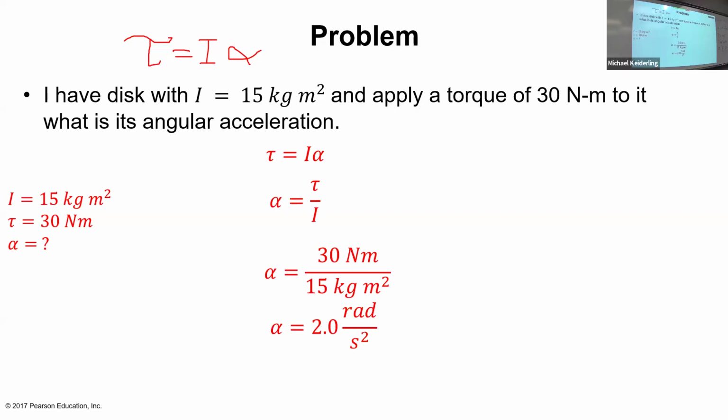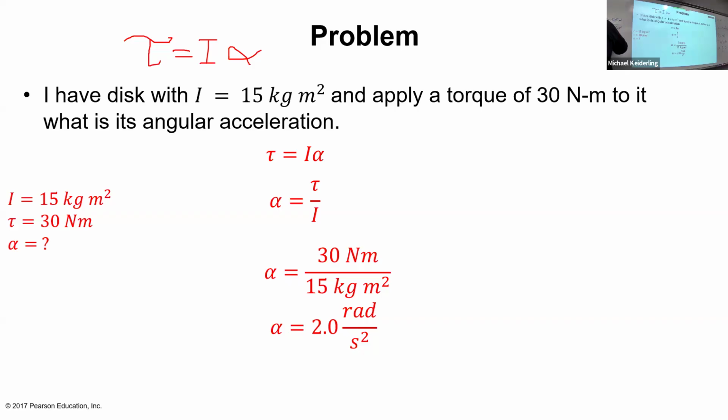Radians are unitless. If you work through the units, remember that a Newton is a kilogram meter per second squared. So this is 30 kilogram meter per second squared times meters over 15 kilogram meters squared.